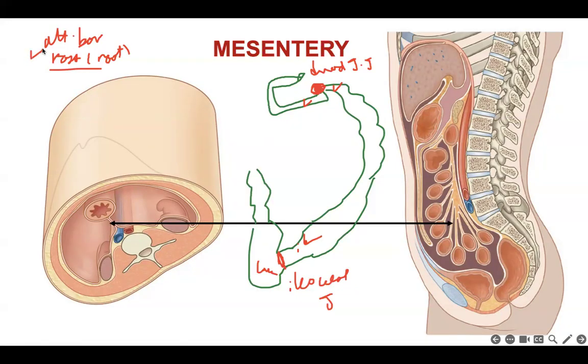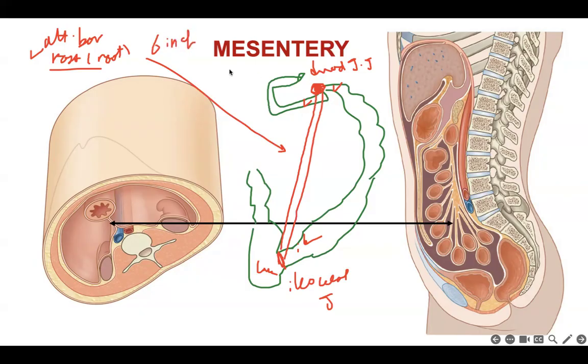This border is attached from the beginning of the jejunum and ileum, which is the duodenojejunal junction, till the termination of the ileum at the ileocecal junction. This is the attached border, and it is 6 inches in length.